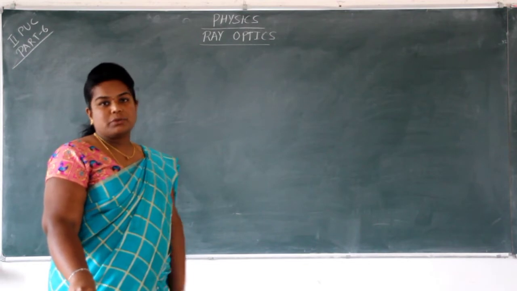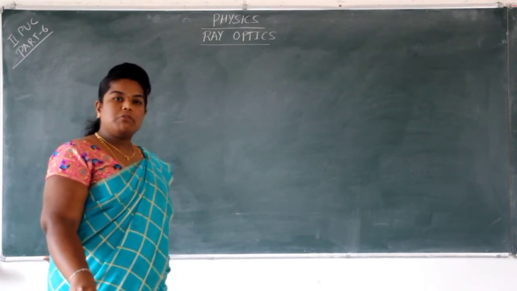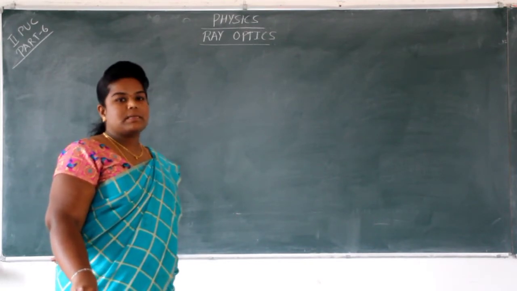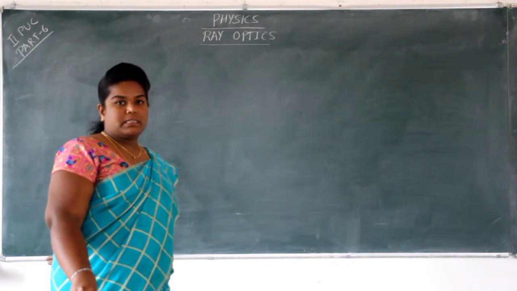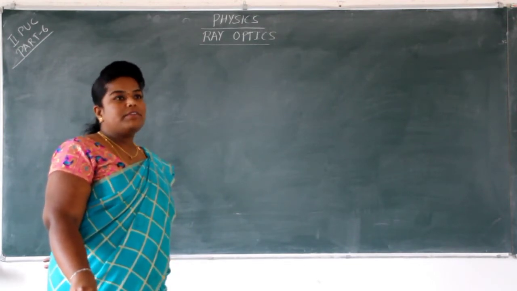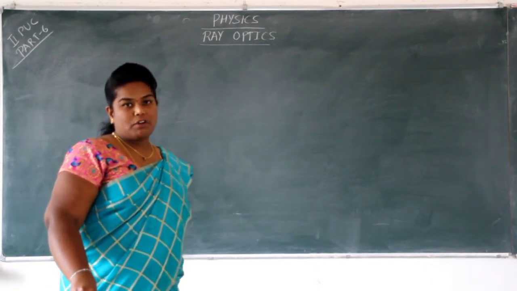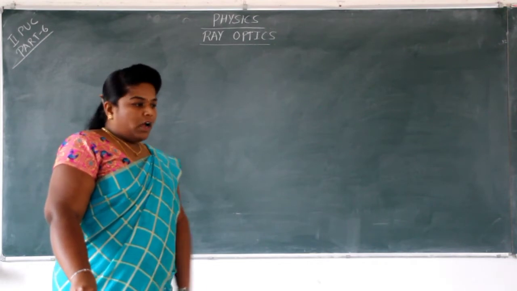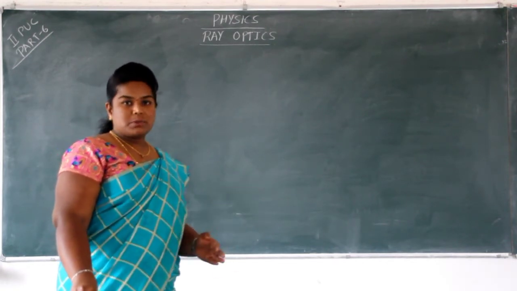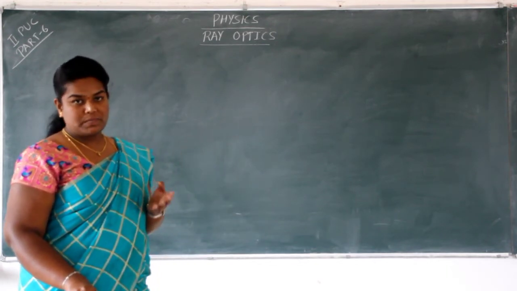My dear students, when we come towards the discussion of lens, we have two different types of lens. One is the convex lens and another one is the concave lens. While moving towards the discussion of image formation by convex and concave lens, you might have studied the image formation and the position of an image for different positions of an object.